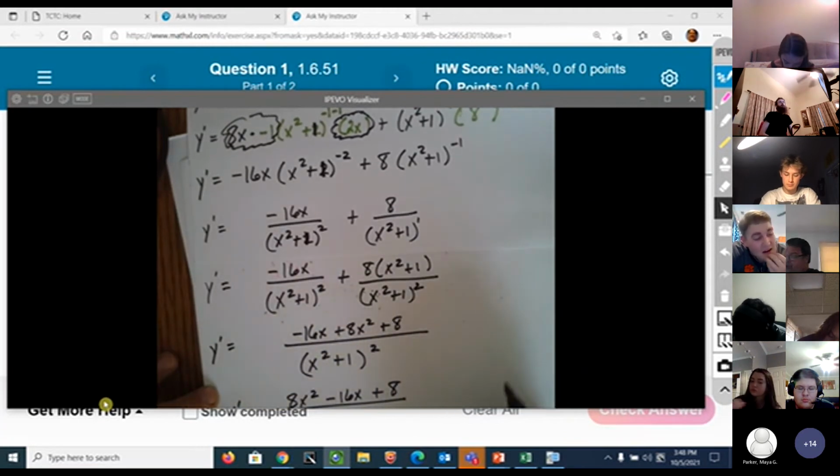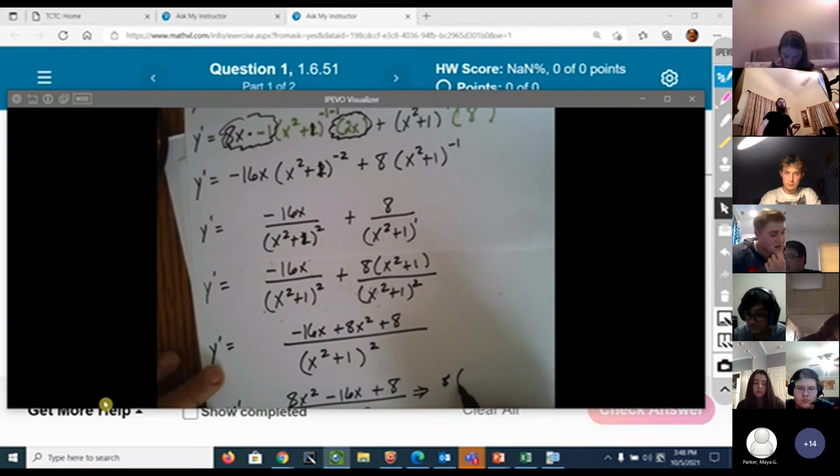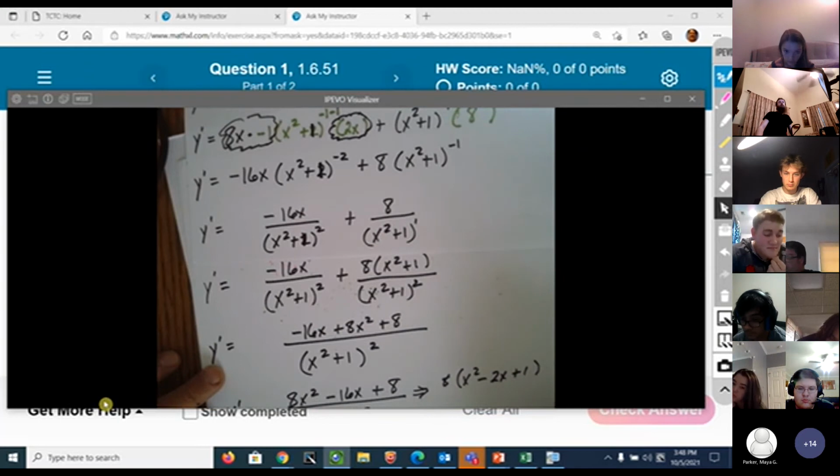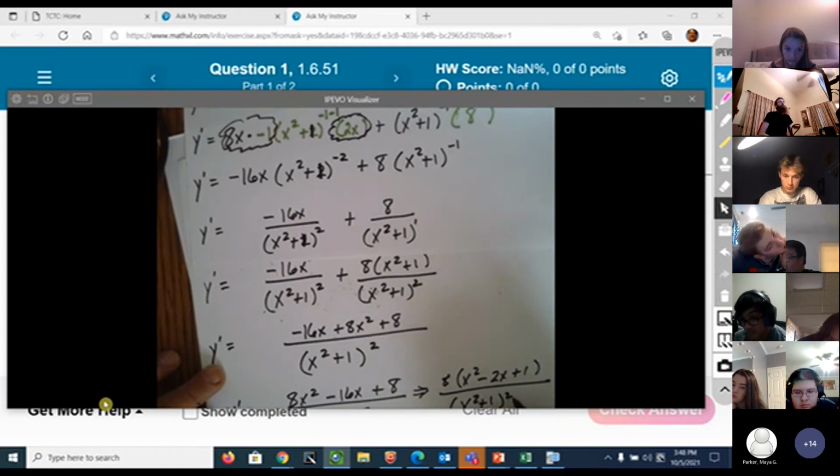And I'm just going to try this. I have no idea where it's going. Factor out an 8. And that's going to give you x squared minus 2x plus 1. And that is going to factor over x squared plus 1 to the second power.